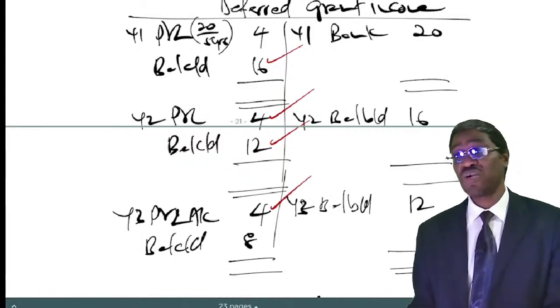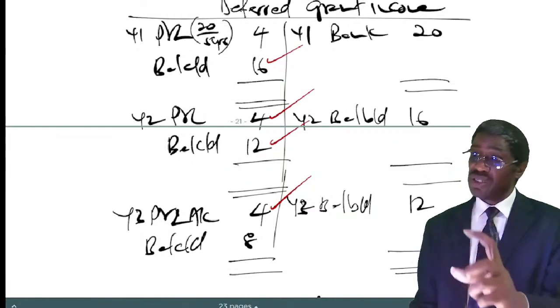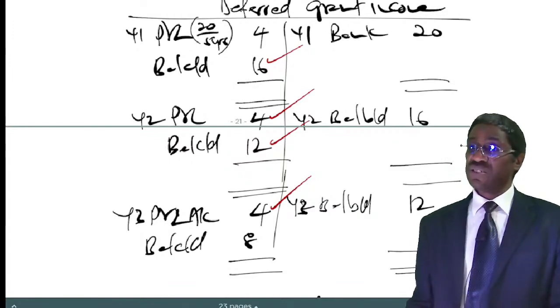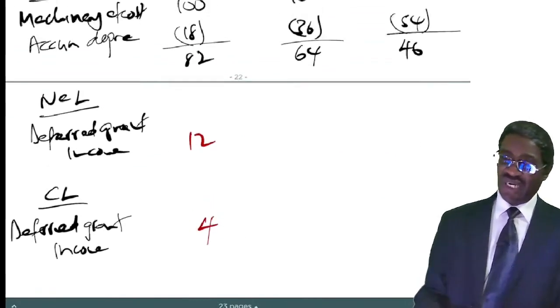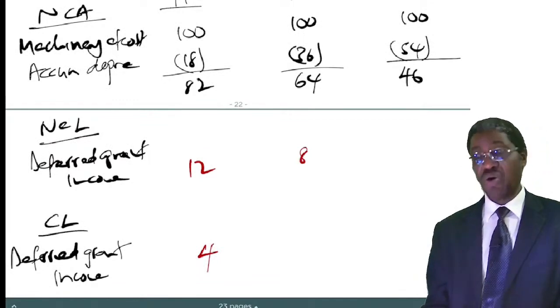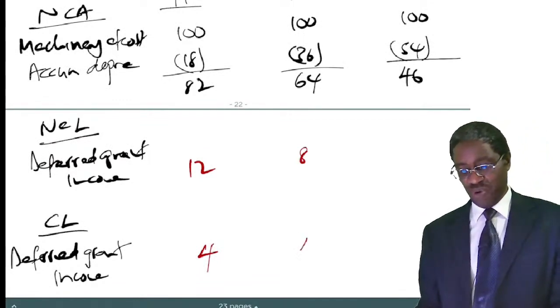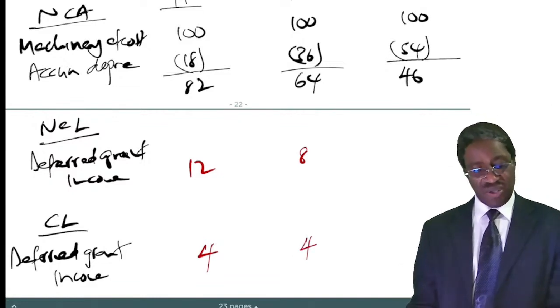That is what we shall recognize in the next 1 year out of 12. Leaves me the balance of 8, which will take more than a year to recognize. In the second year, out of 12 I'm carrying down, 8 is long term, while 4 is current. Are you there?